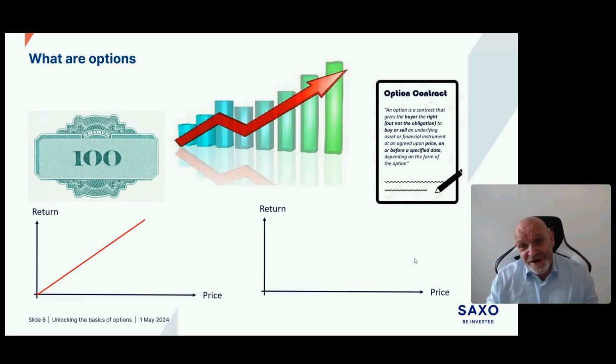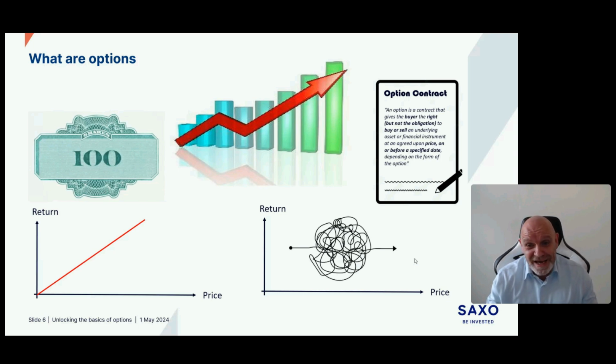With options, though, options have the very nice ability to do anything that you want. You can start at a certain price, and you can add other options which do contrary things.